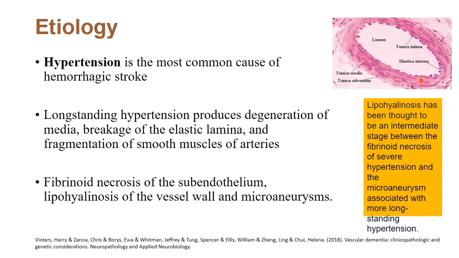There is also fragmentation of the smooth muscles of the arteries. This results in characteristic fibrinoid necrosis due to the leakage of plasma protein or fibrin into the vessel wall. Subsequently, a lipohyalinosis develops, which is an intermediate stage between fibrinoid necrosis and a microaneurysm.